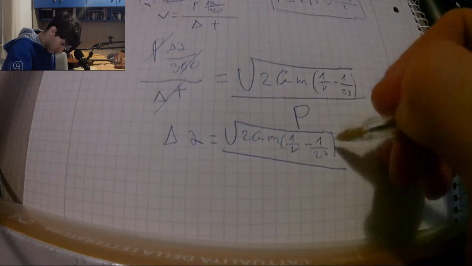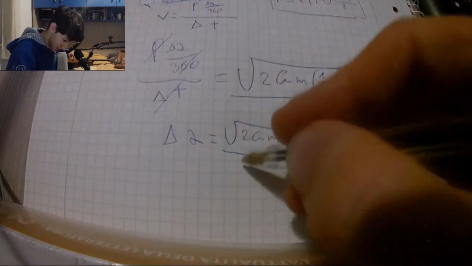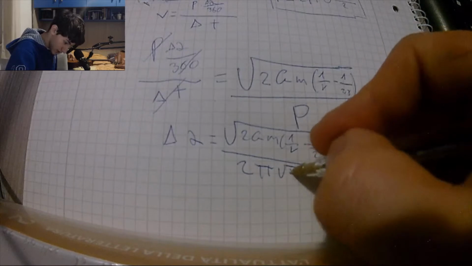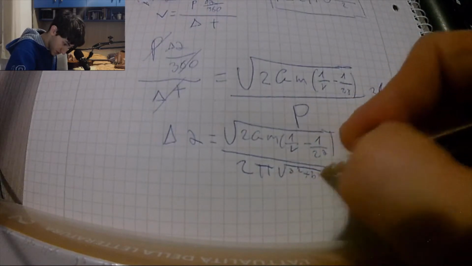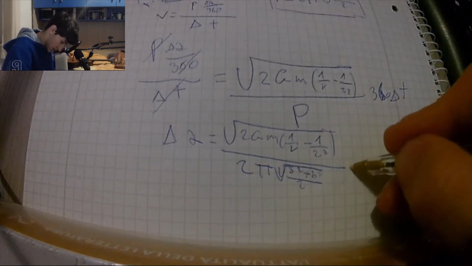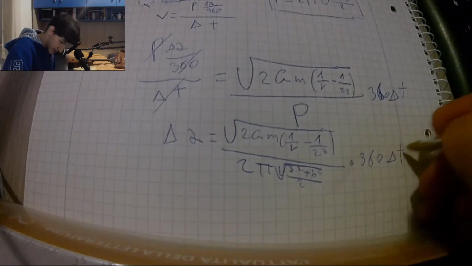divided by p, which we said is 2 pi times the square root of a squared plus b squared divided by 2, times 360 delta time.